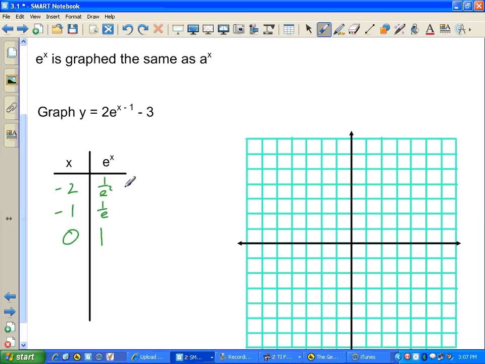So, you know, between 1/8 and 1/7. This would be 1 over 2.7, which is about, you know, not quite 1/3, but more than 1/2.